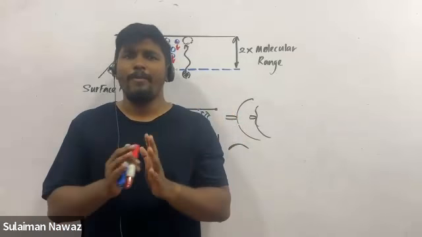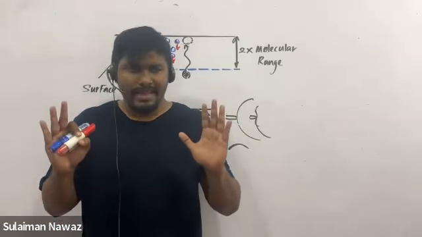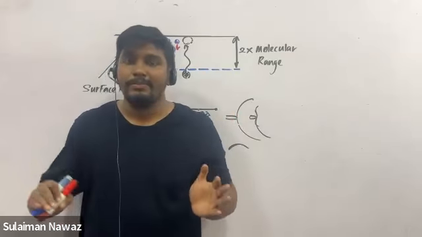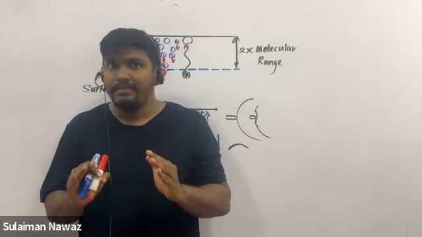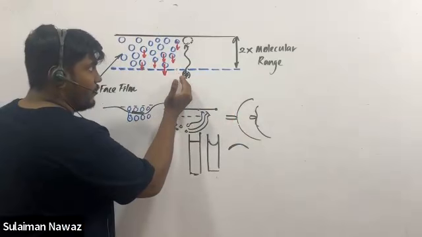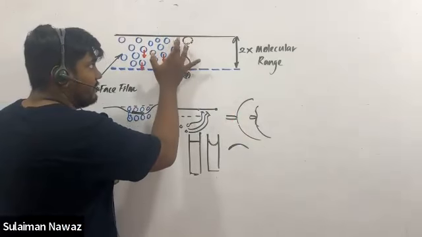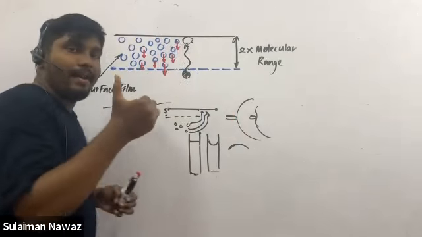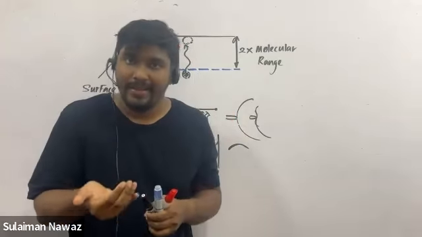So all the objects in the universe try to reduce their energy and be stable. In a very similar manner, you know that these particles in the surface film have some kind of potential energy. Am I correct?